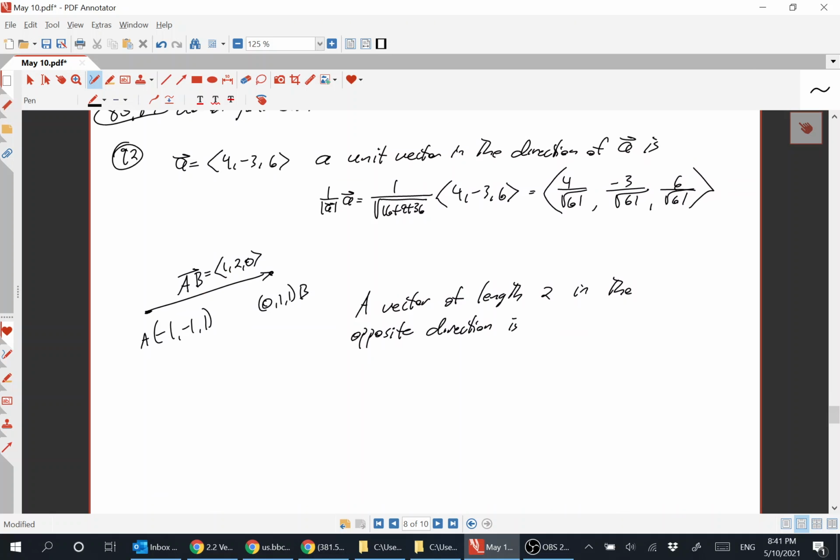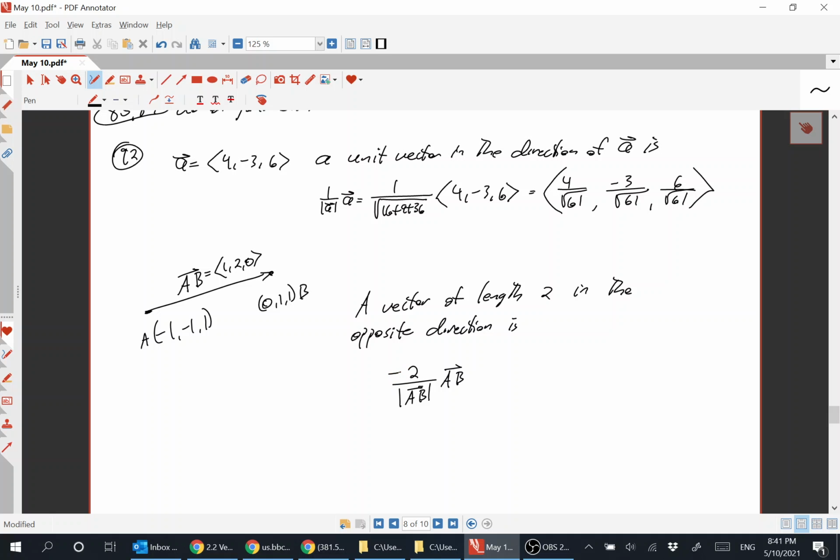Okay, well, what is the length of AB? Well, let me write it out. So take the length of AB, take its reciprocal, right? And when you multiply by that scalar, you're going to get a vector of length 1. But we don't want length 1, we want length 2. So put a 2 on top, right? Or a 3 if you want length 3. Oh, sorry, and you want to go in the opposite direction, so negate it.